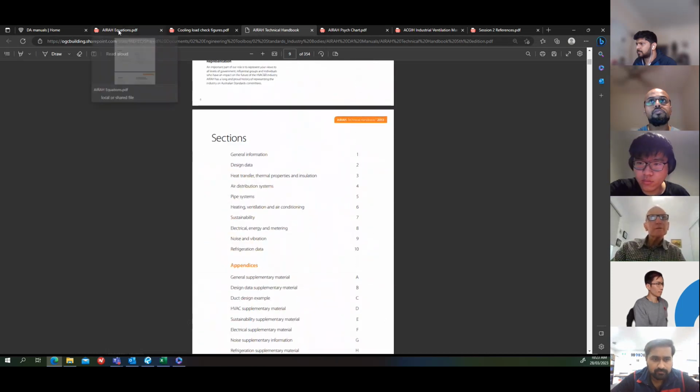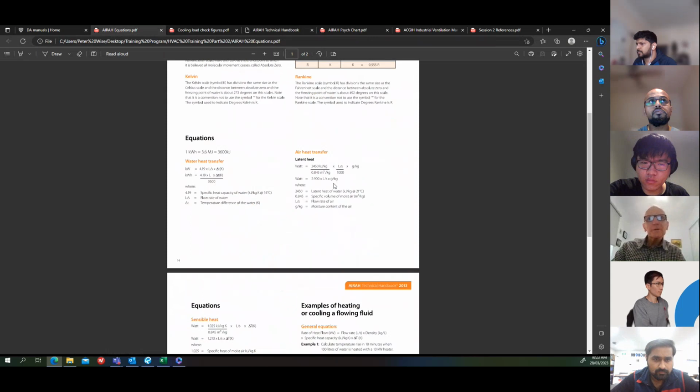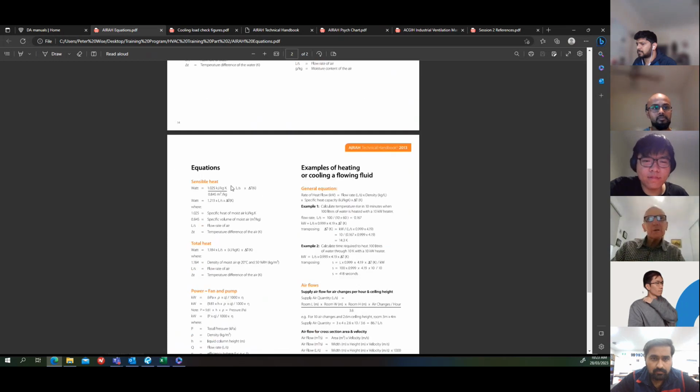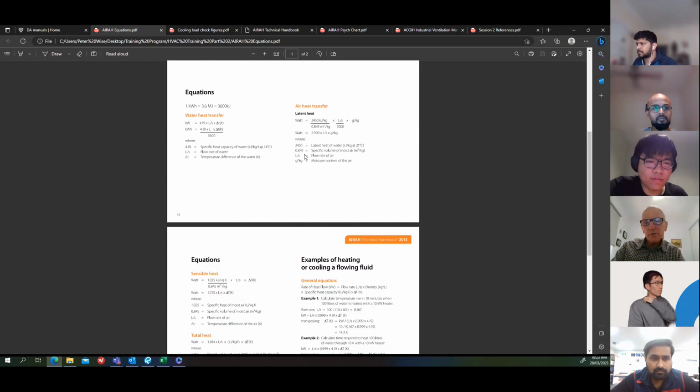I've just picked a few of these things out that you'll probably start to use a lot if you're doing heat loads. Air heat transfer, latent heat. Does everyone know what latent heat means? Good. We're going to talk about that more in the next couple of sessions. So we'll go into that. Sensible heat. So latent heat is where there's moisture involved.